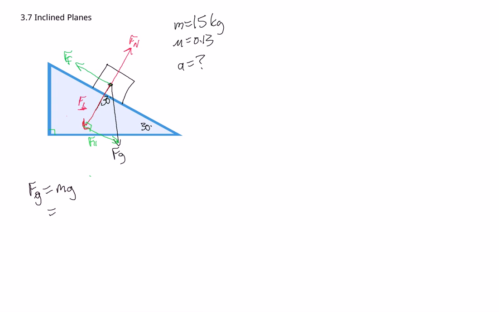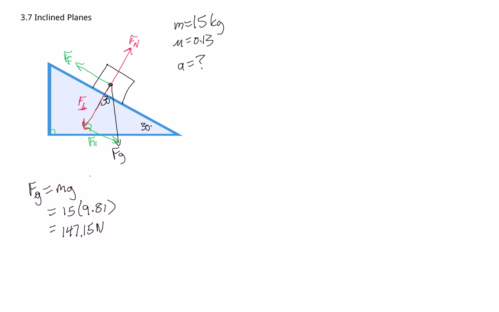Our force of gravity will be 15 kilograms times 9.81, which gives us an answer of 147.15 newtons. That's our component of the gravity that's going straight down. Now we want to do the sine and cosine of each of those.